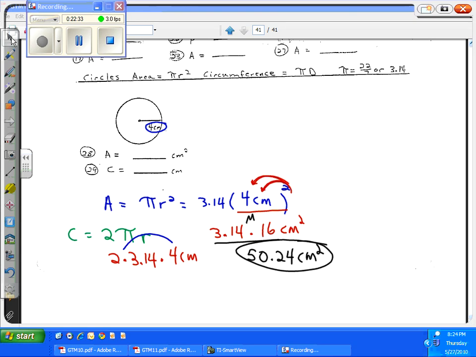We multiply the numbers and we multiply the names and we get a new name. 4 times 2 is 8. 8 times pi is 25.12, and the name tag on it is centimeters. So the area is 50.24 square centimeters. The perimeter is 25.12 centimeters. Any questions on 28 and 29? Okay.